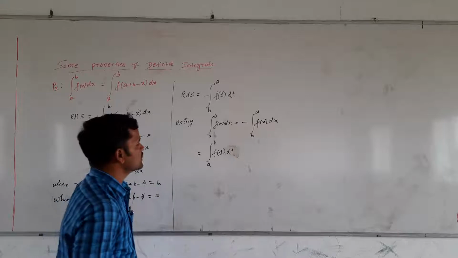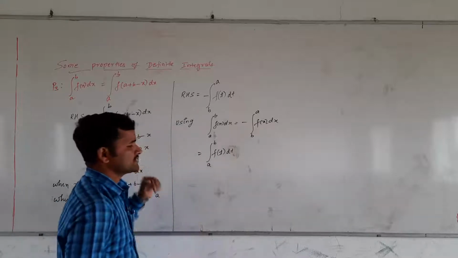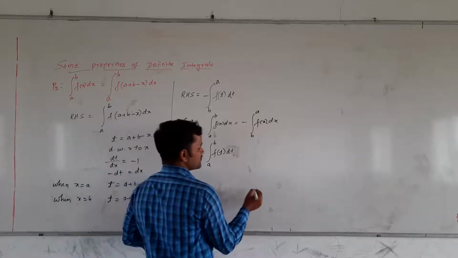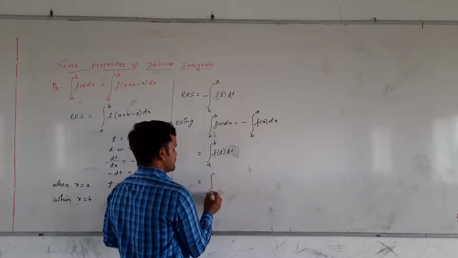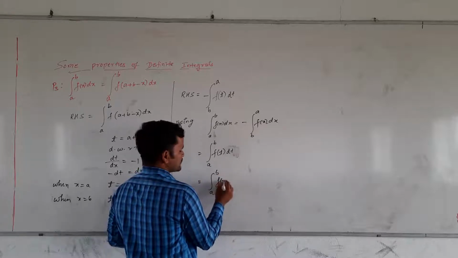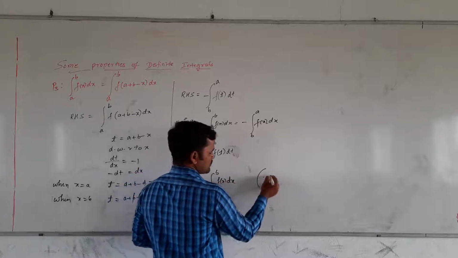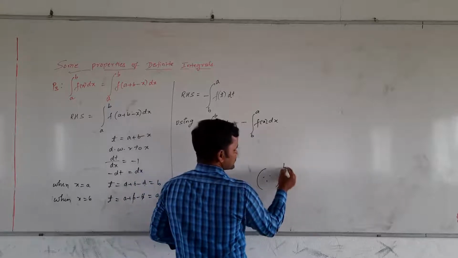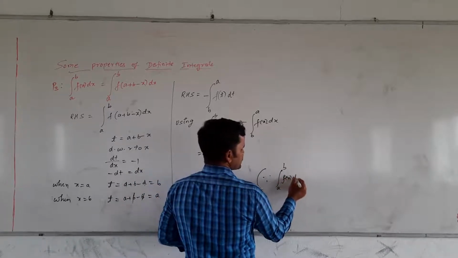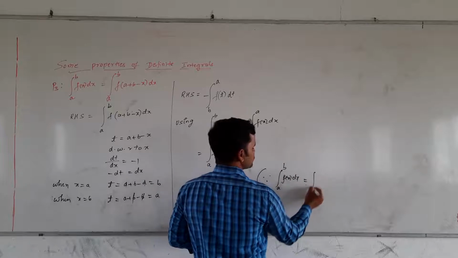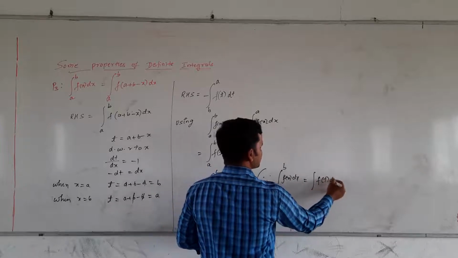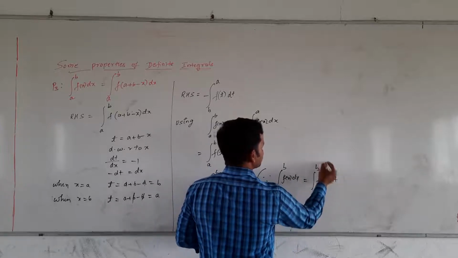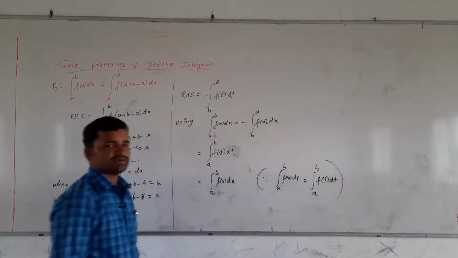Next, t is there. What do you want? X you want. So, use property P0. What it is? A to b f of x into dx. Because integration of f of x with respect to x from a to b is equal to integration of f of t with respect to t from a to b. This is the property we have.